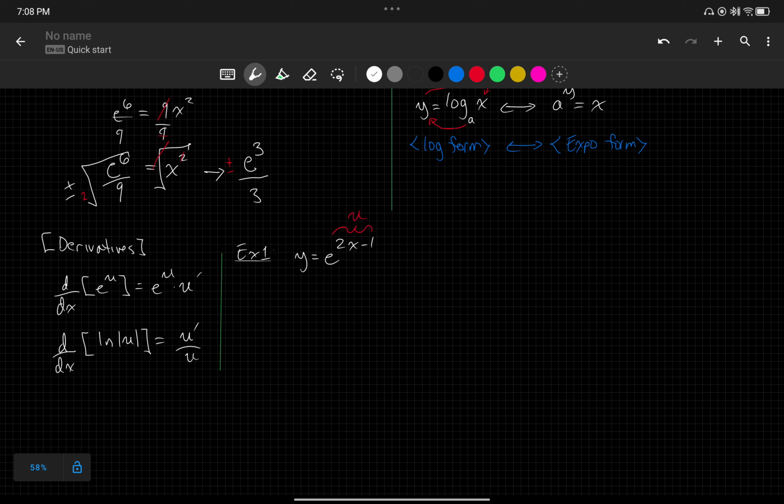So when you take the derivative, it's the same thing again, e to the u times the chain rule kicks in. The derivative of 2x minus 1 is just 2. And then typically, to make our answer look a little nicer, we just put the constants in the front. All right, so that one was pretty straightforward.